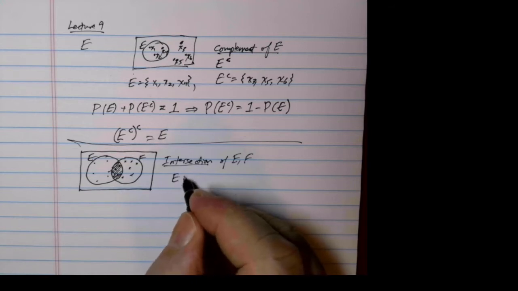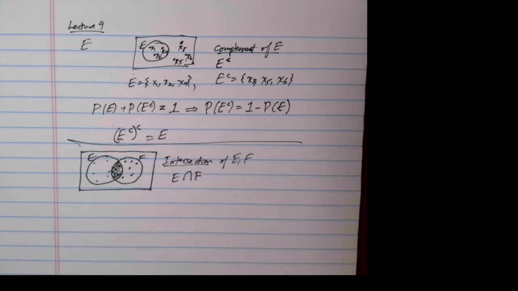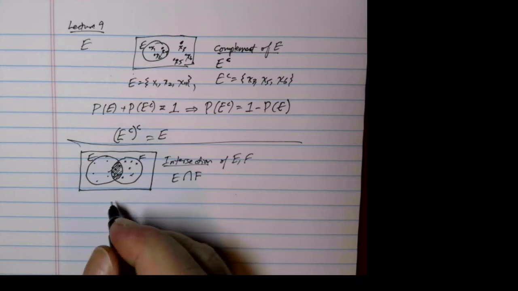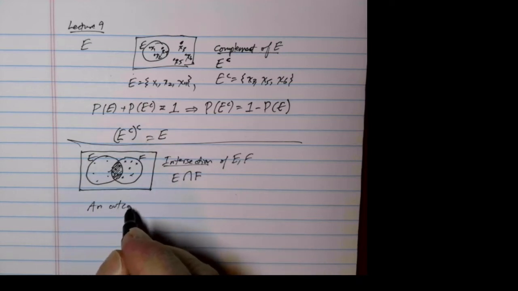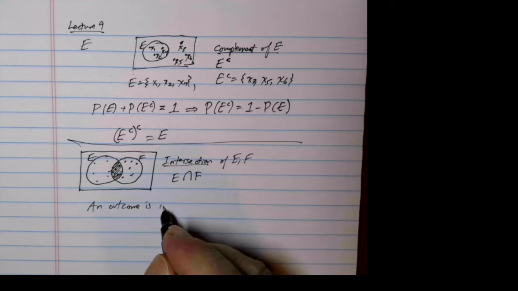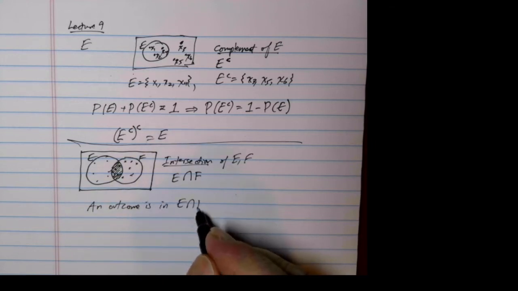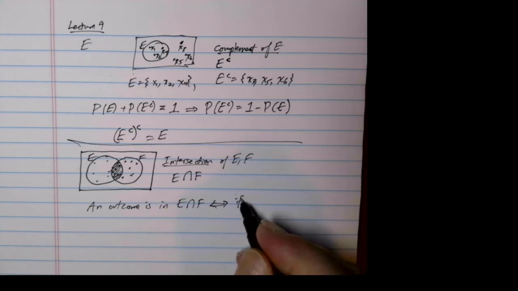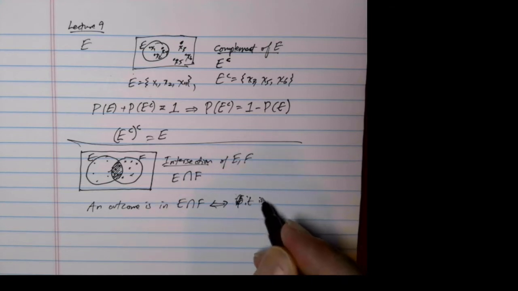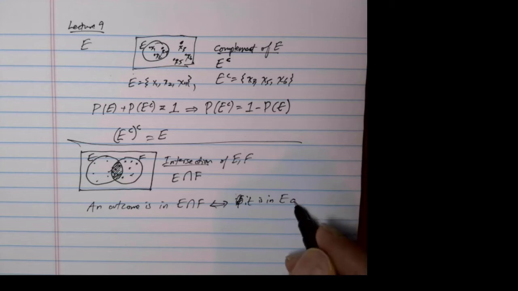But the notation for it is E with the little upside down U thing, F. E intersect F. Notice that an outcome is in E intersect F if and only if it is in E and in F.